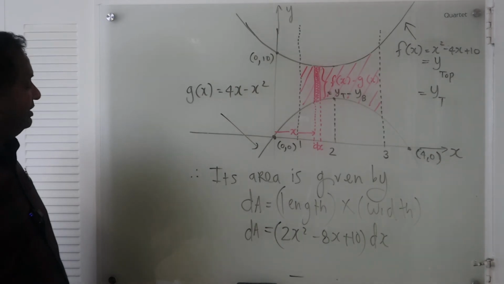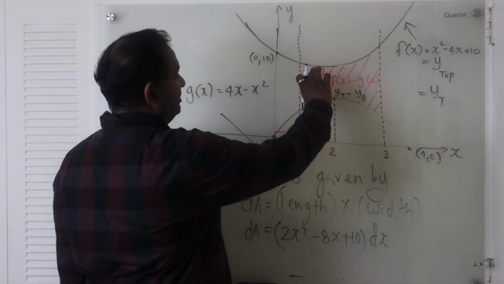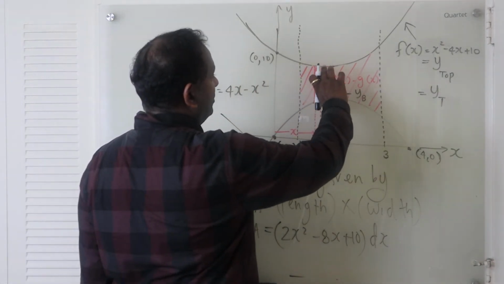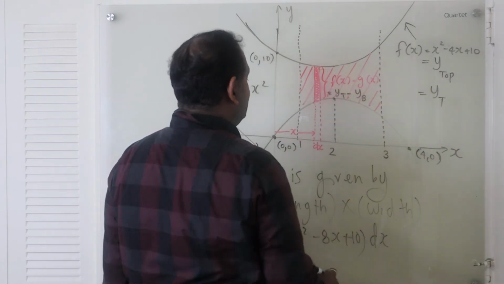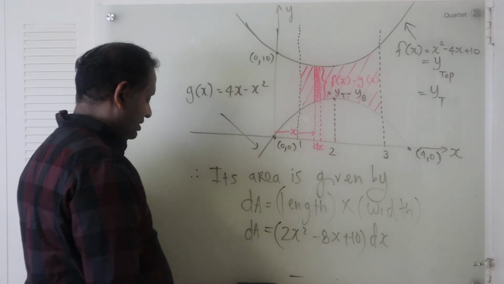Now I'm interested in not the area of this strip. I really want to cover the whole region by stacking all these strips on top of each other from 1 to 3.